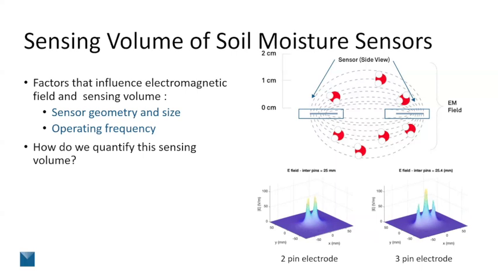The operating frequency of the sensor also impacts what that looks like. I don't have this on here, but there are also factors in soil that impact what that volume actually looks like, and again, that's not something that we do a really good job of characterizing and trying to quantify. So how do we really quantify what this sensing volume is? That's the goal of what I'm going to try and discuss today, and go over some of these different methods.